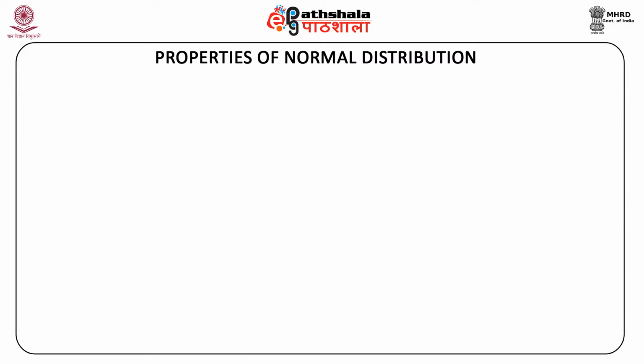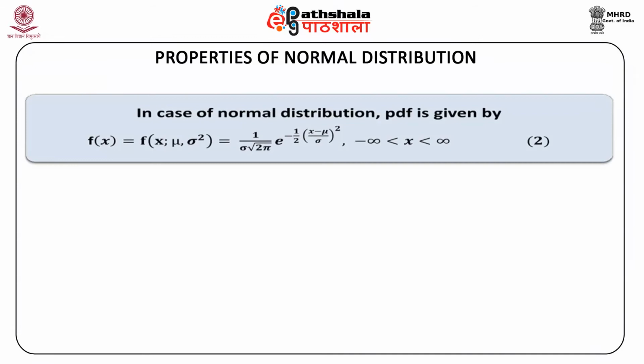A continuous random variable x is said to have a normal distribution if its probability density function, PDF, is given by the following equation. f(x) is equal to f(x; mu, sigma squared), which is equal to 1 divided by sigma under root 2 pi, e raised to the power of minus half in bracket (x minus mu) divided by sigma, the whole squared.